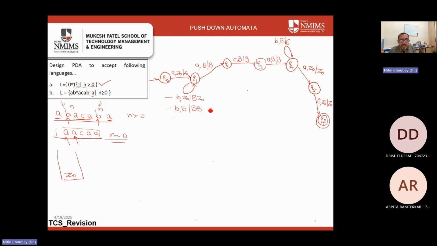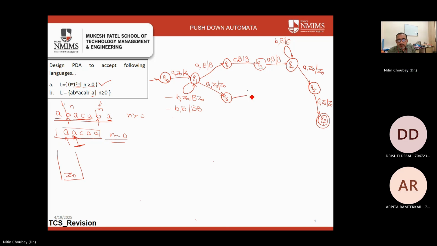We will not push anything onto the stack because B's are not available. On the stack top, we'll have Z0 only. So when we get A as input, when B's are not available, that is n equals 0, we will have A followed by Z0, Z0 kept as it is.